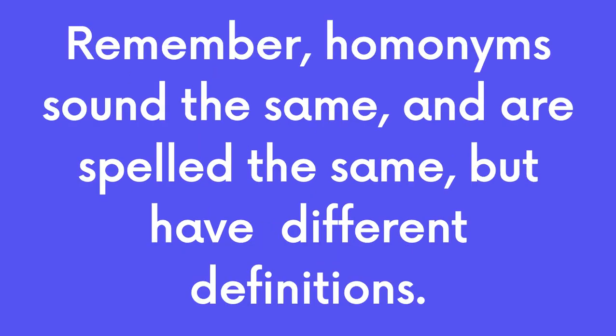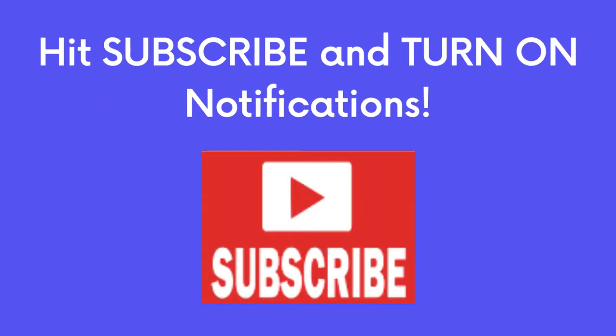Now, and I just said this, but remember, homonyms sound the same and are spelled the same, but they do have different definitions. And here's the thing, there are some homonyms that can have 4, 5, 6 definitions or even more. We're not going to cover every single definition when we go through some of these words today.